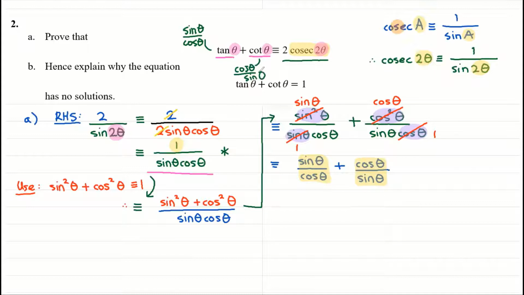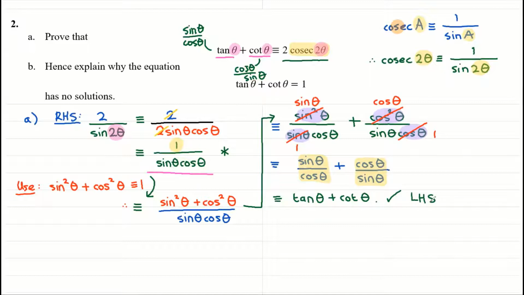So there are possibilities, okay? And I'm going to show you an alternative in a second, which will bring that in again. So it's the wrong way around, but we've got tan theta added to cot theta. Okay, as required. So we've shown that the left-hand side is indeed identical to the right-hand side.